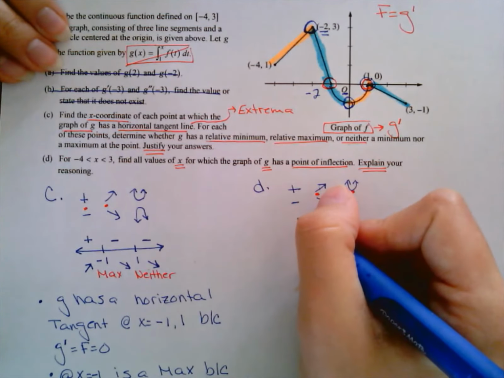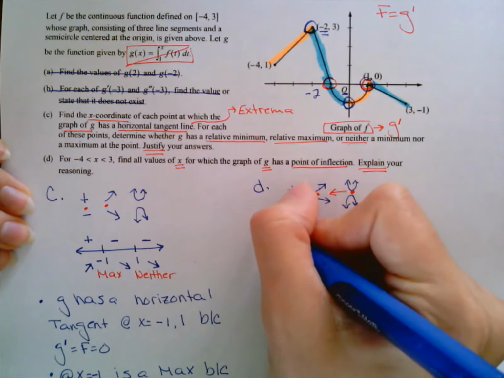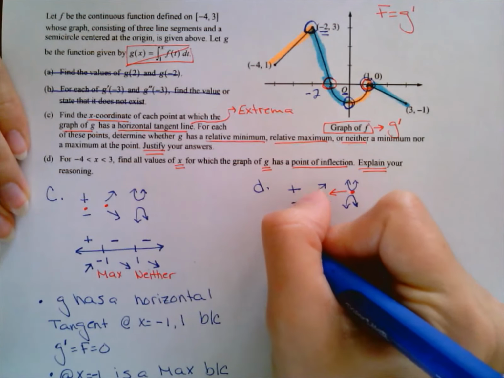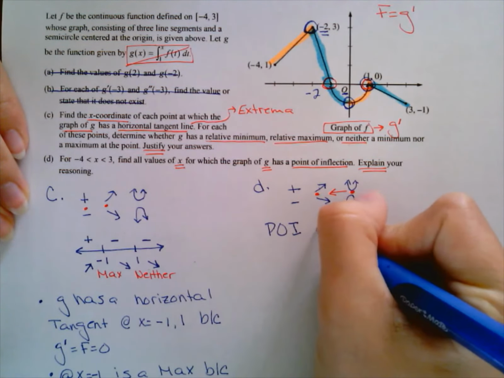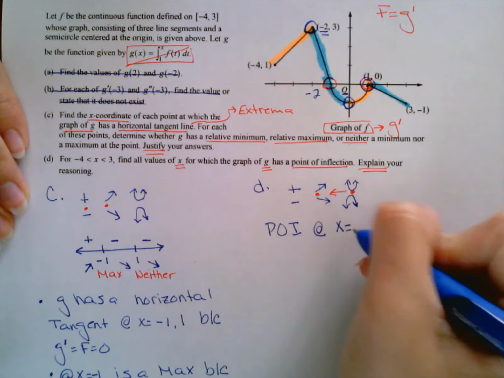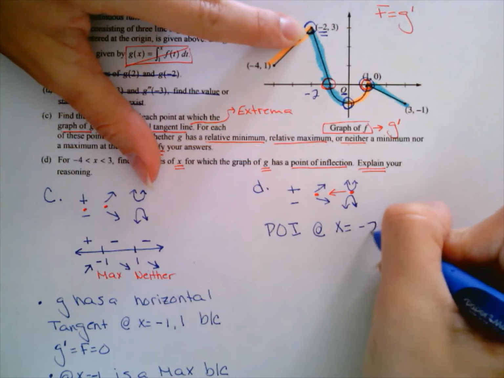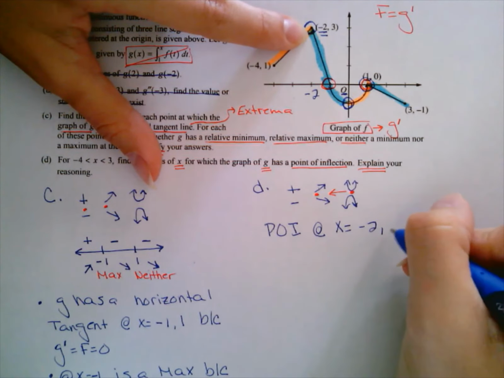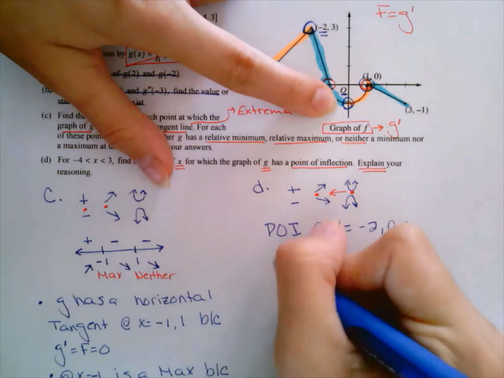So we can answer this question. All right, we can say there is a point of inflection at x equals -2, 0, and +1.